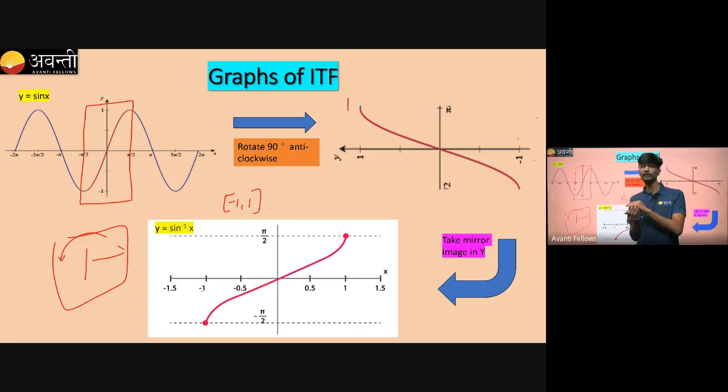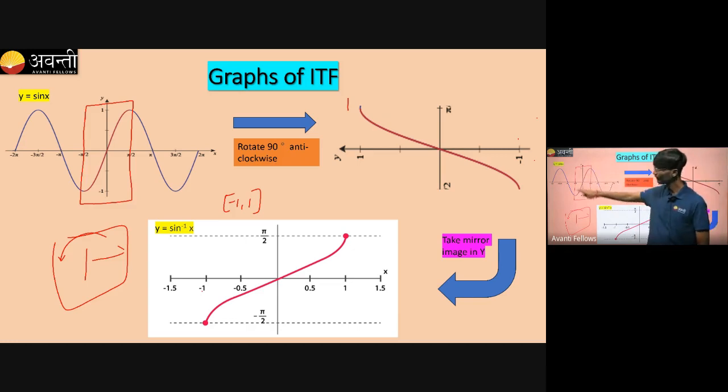First and fourth quadrant, meaning -π/2 to π/2. So the graph on the y-axis, which is the output, the range, the PVR, is between -π/2 and π/2, as you can see.